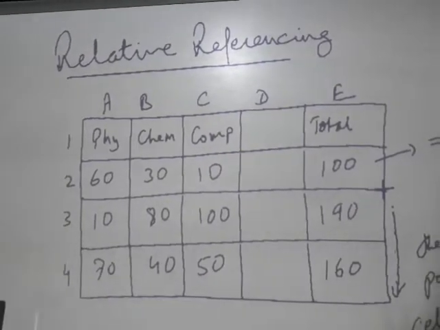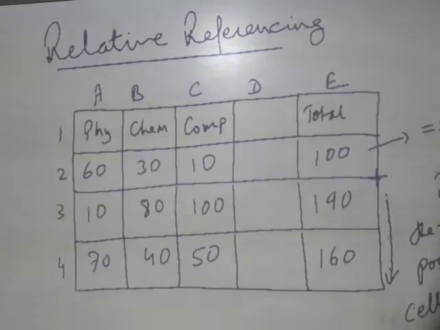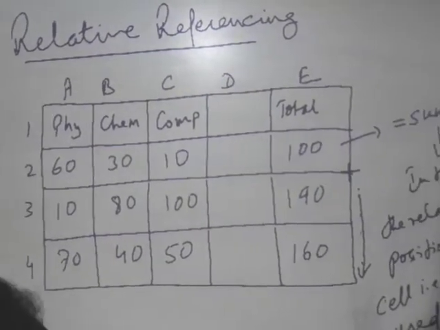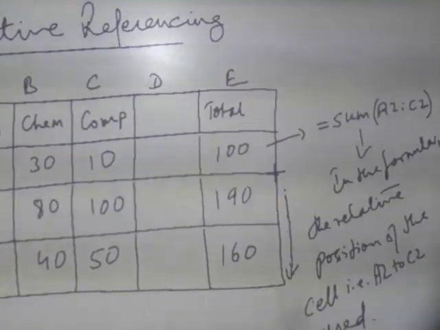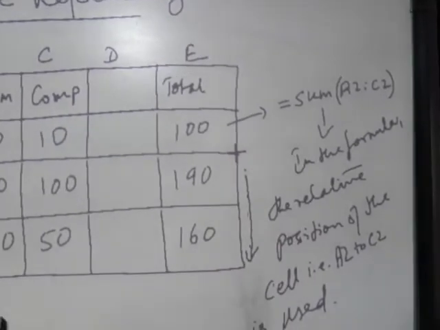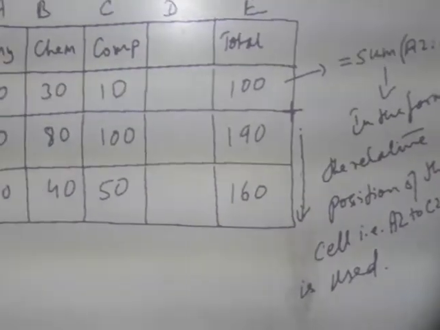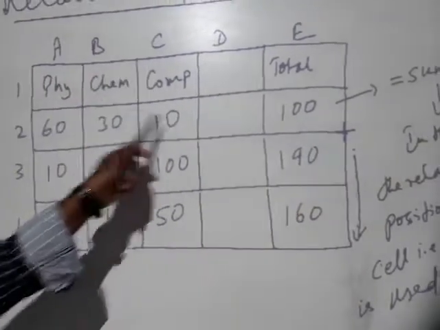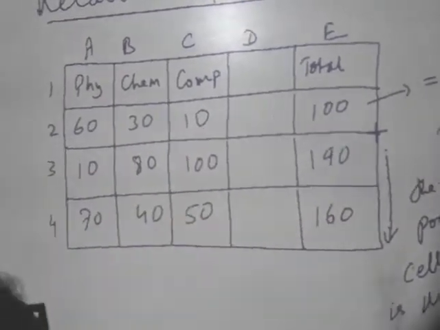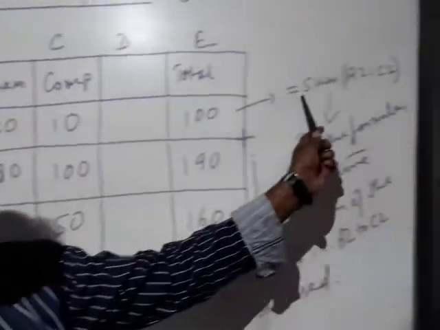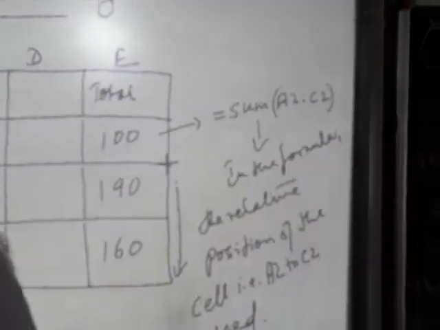In this type of referencing, in the formula, the relative position of the cell, like in this case, it is A2 to C2. The formula that has been taken over here is equal to SUM A2 to C2.